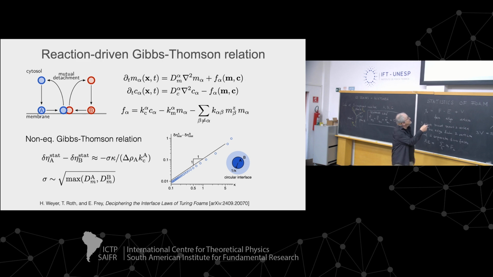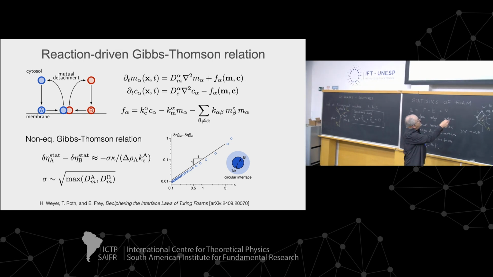The delta in the mass redistribution potential is the right-hand side that contains the surface tension, which in our case is the maximum of the two diffusion coefficients and the square root of that, because the diffusion coefficients define a diffusive length scale, which is the width of the boundary, divided by the delta in the densities and the reaction rates in the system.